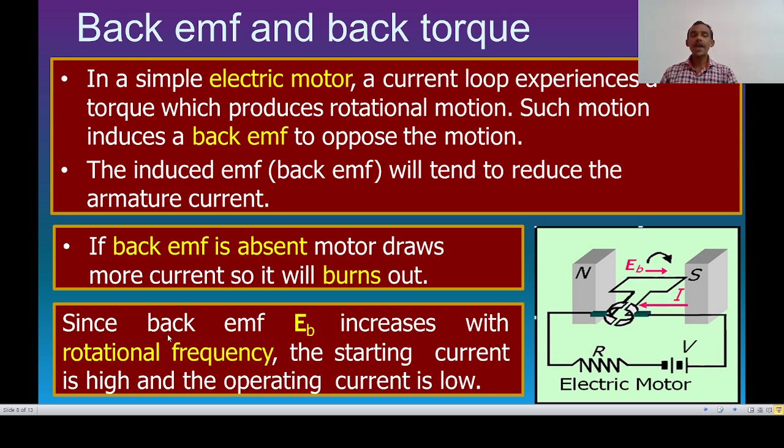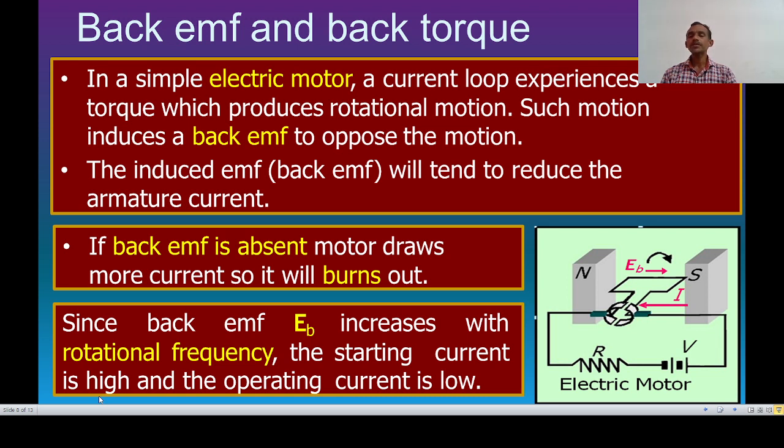Since back EMF EB increases with rotational frequency, the starting current is high and the operating current is low. At the starting point of this motor, there is no motion, so the back EMF will be 0.